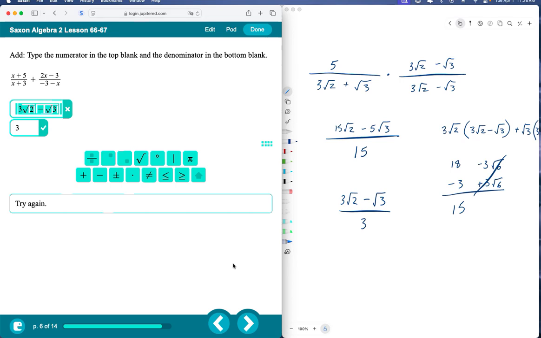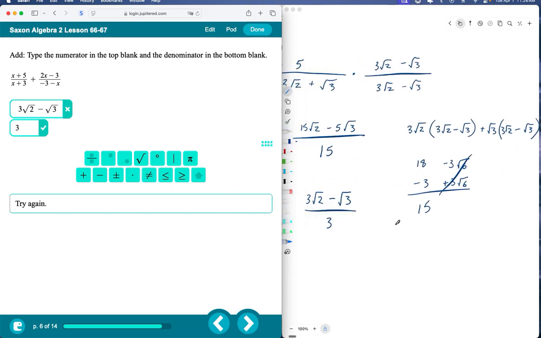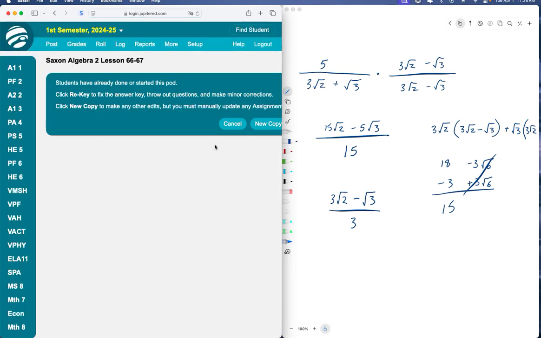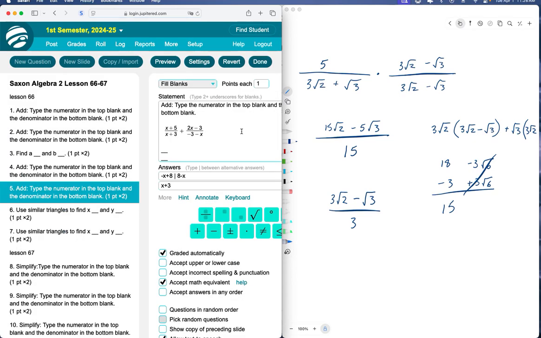So what did I get wrong? Three times square root of 2 minus square root of 3 over 3. Did I get this wrong before and I didn't see it? All right, let's figure out what the answer should be and see why.